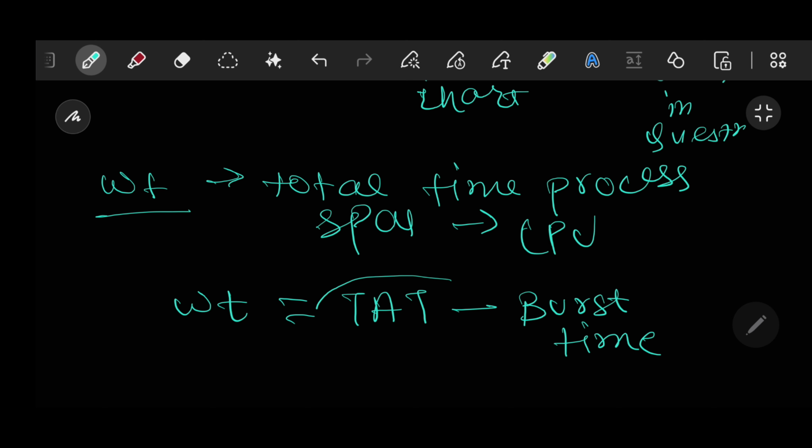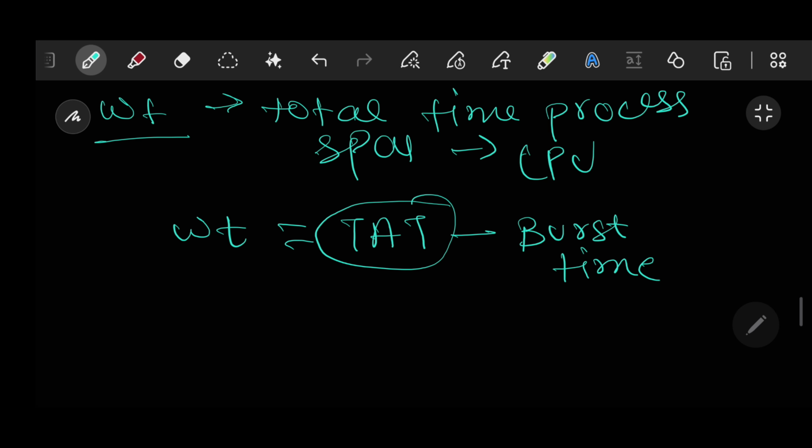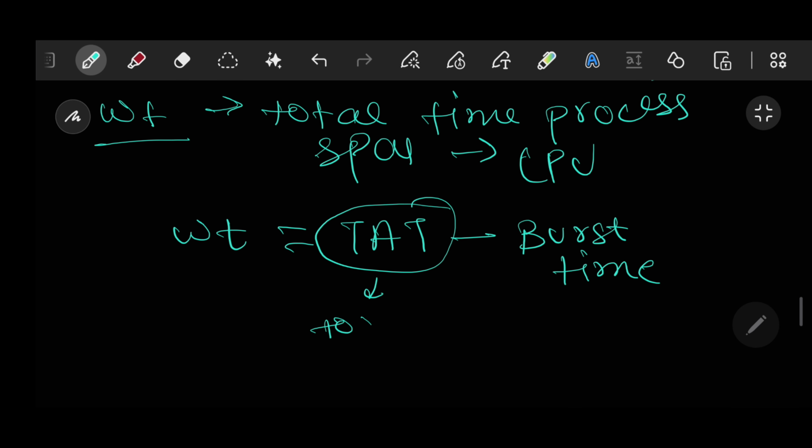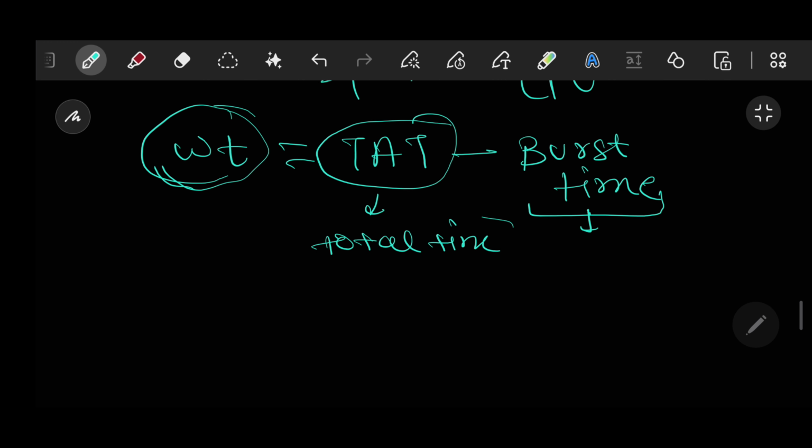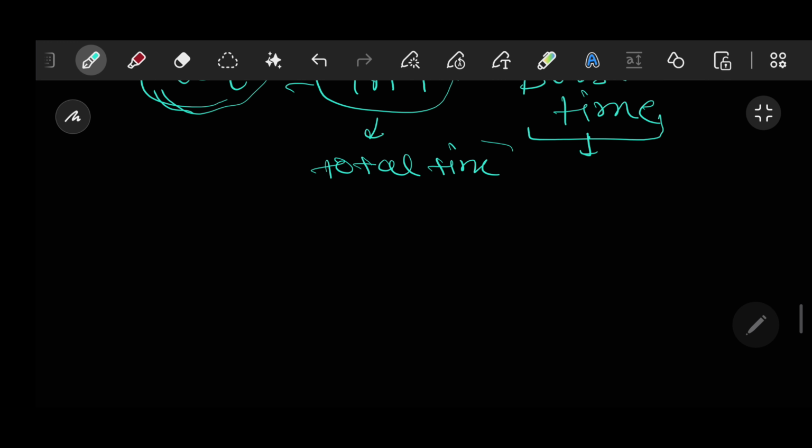Basically, the turnaround time consists of the total time. If we subtract the time the process spent in the CPU, we will get the time the process waited for the CPU. That is simple because it is a non-preemptive version.